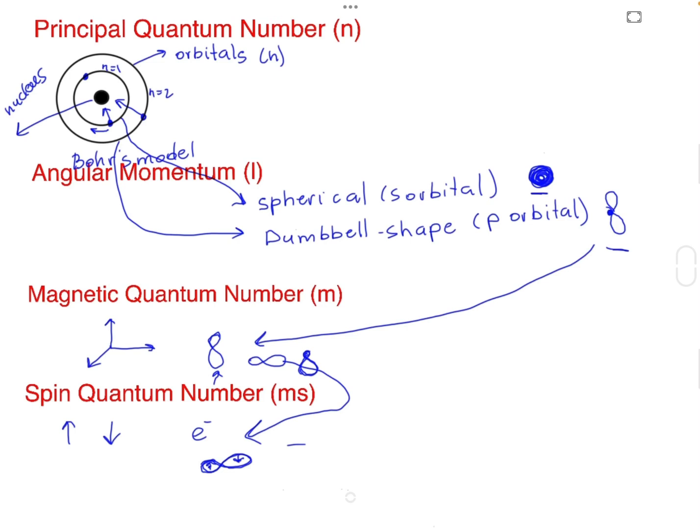The rule is the Pauli exclusion principle, which ensures that no two electrons in the same atom have exactly the same four quantum numbers. Which makes sense. In each orbital, only 2 electrons exist.